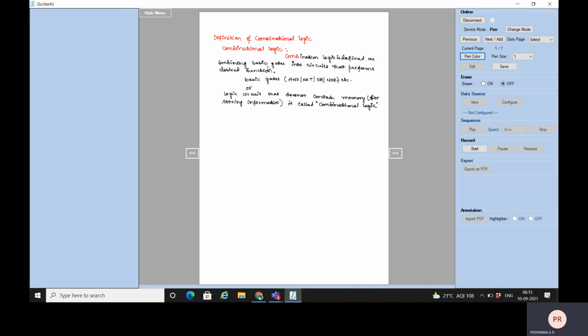After knowing the definition for this combinational logic, the combinational circuits, how do we represent?